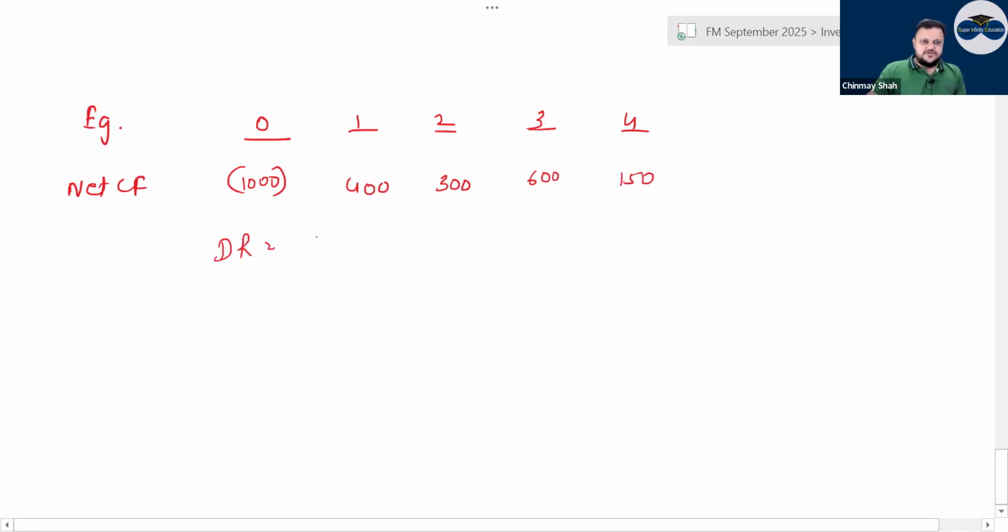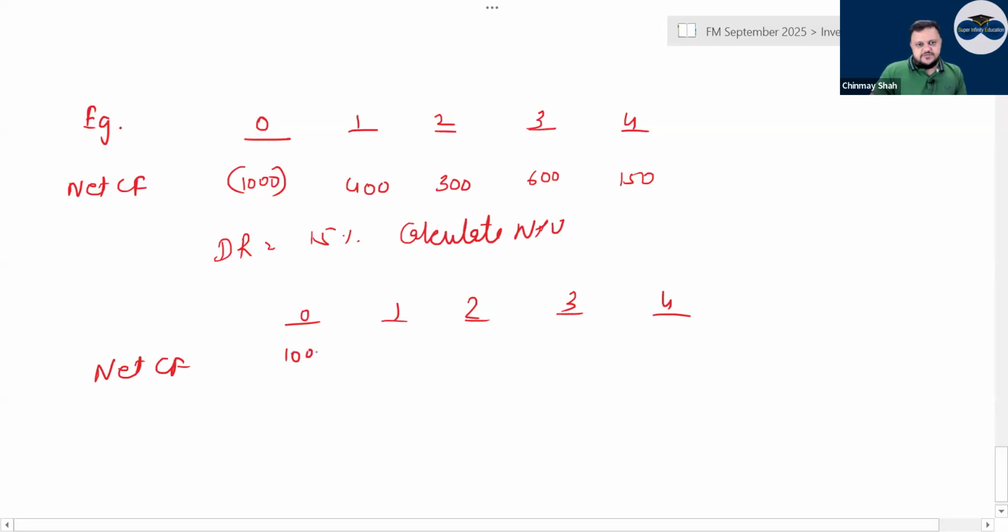Discounting rate is equal to 15%. Calculate NPV. Now see whether this is better than what we were doing. Net cash flow, repeating them: negative 1000, 400, 300, 600, 150.